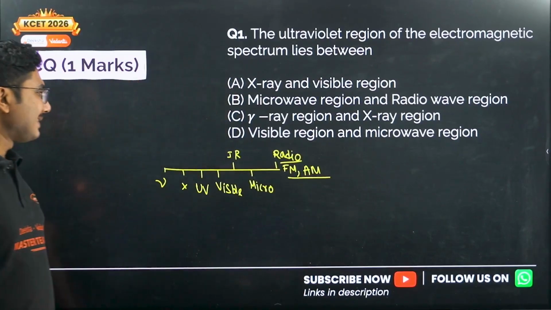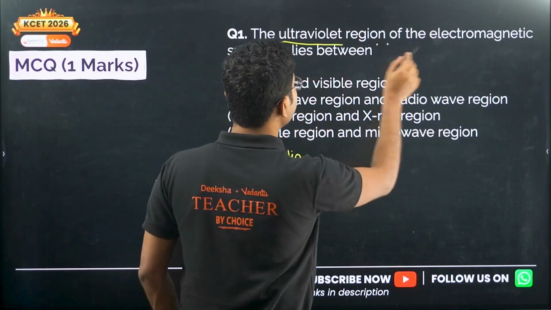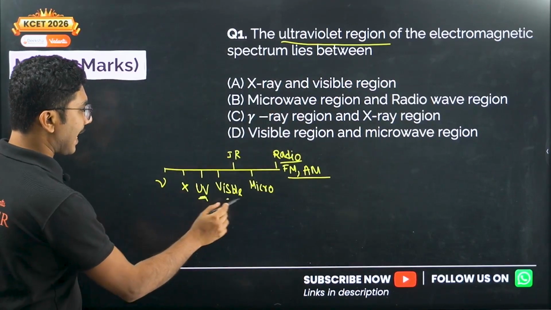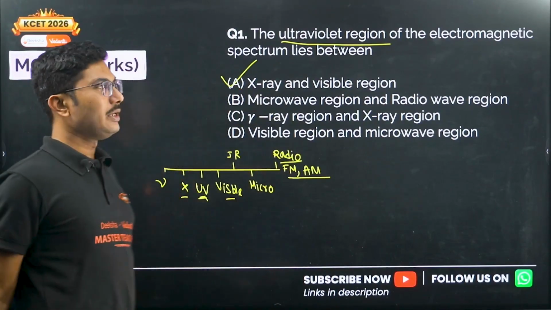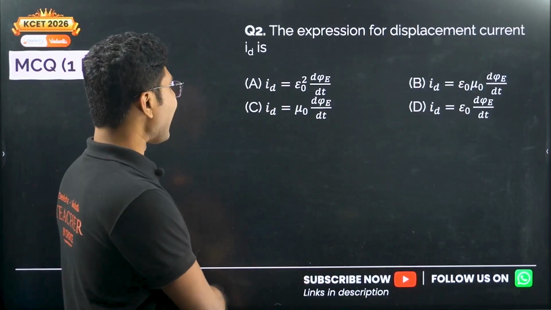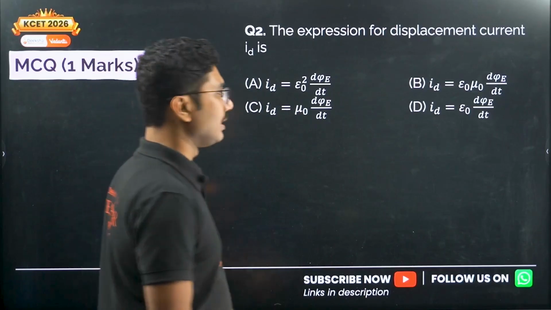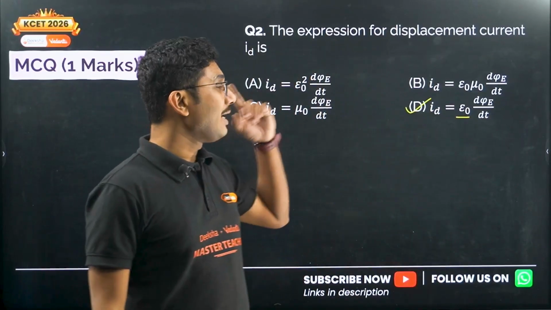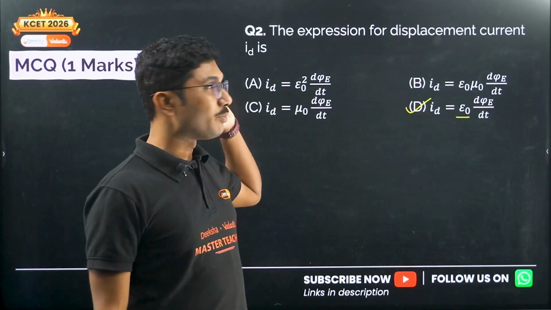Okay, so now let's see the question. The ultraviolet region is falling between X-ray and visible region. The expression for displacement current ID is ID equals epsilon naught d phi E by dt. Remember, it is because of the electric field, and it is epsilon naught, not mu naught. So be careful.